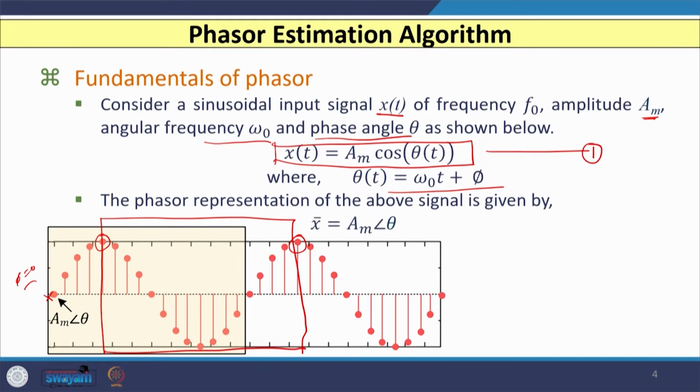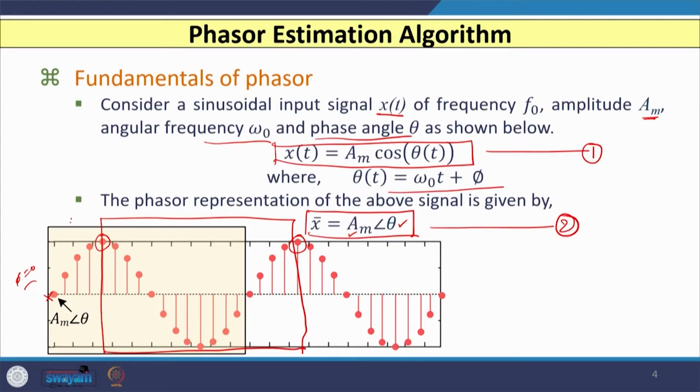If I calculate the phasor value for this signal x(t), then it is given by this equation. Let us say this is equation number 2. The phasor value of this signal x(t) is given by the magnitude Am and the angle theta, and that is what we are interested in calculating: the phasor value, that is magnitude and angle theta.